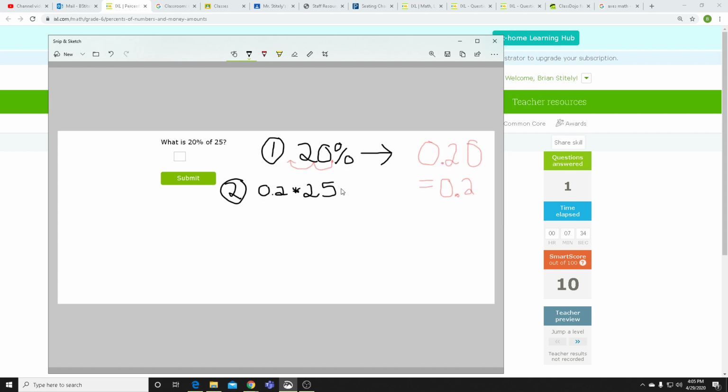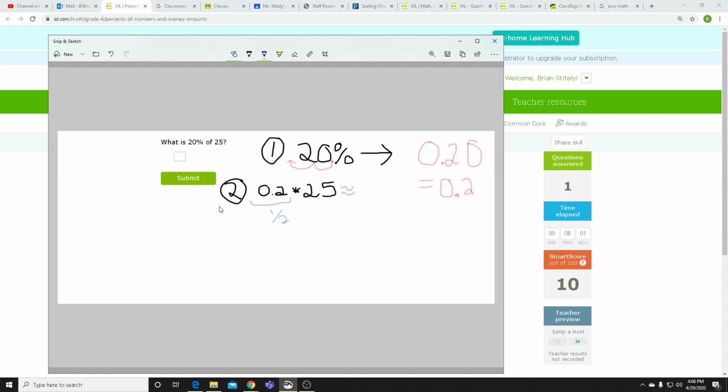So 0.2 times 25, well, we know that's going to be, 0.2, that's pretty close. I know in the IXL it had you round to 0, but I don't like rounding to 0. Let's say this is kind of like 1/2.